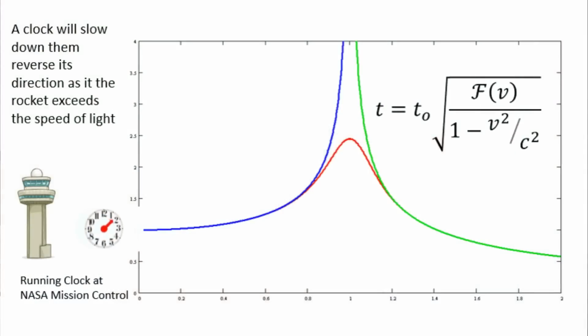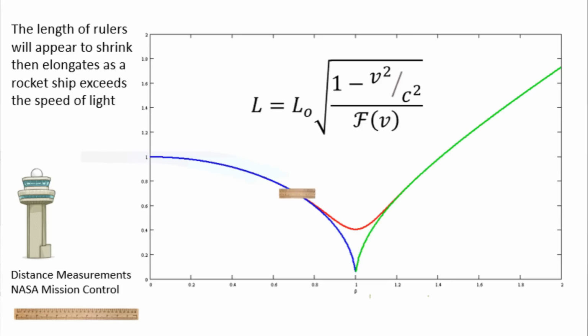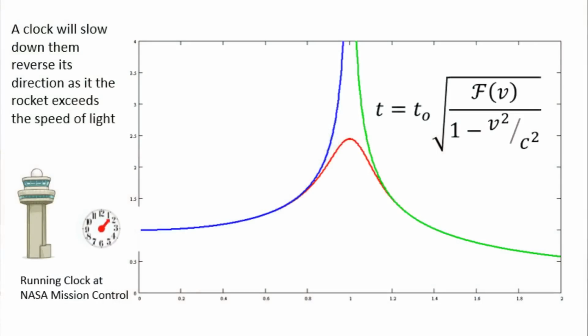The closer we are to the speed of light, the slower my time or the slower my clock will be as I'm near the speed of light. The length will also contract relative to my speed to the speed of light. If you recall, time dilation tells us as a clock travels closer to the speed of light, it slows down. And then for faster than light clocks or tachyon clocks, they will reverse themselves and go backwards in time, or at least that's how they will appear to a stationary observer.